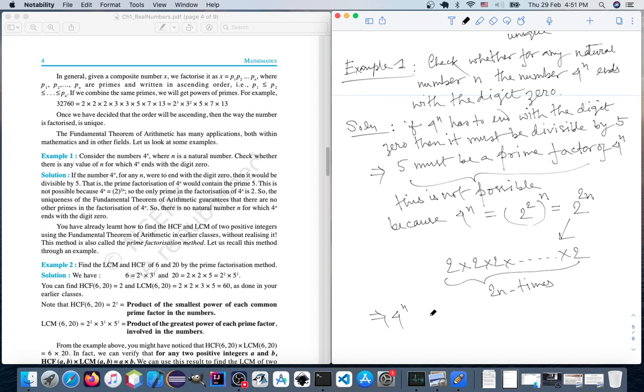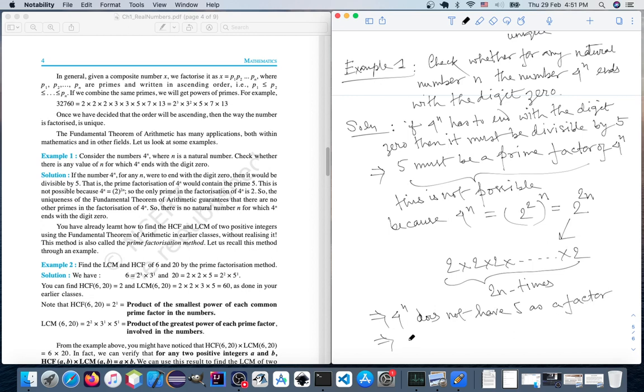This 4 to the power n does not have 5 as a factor.